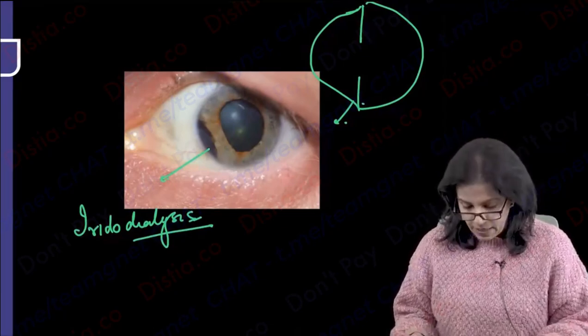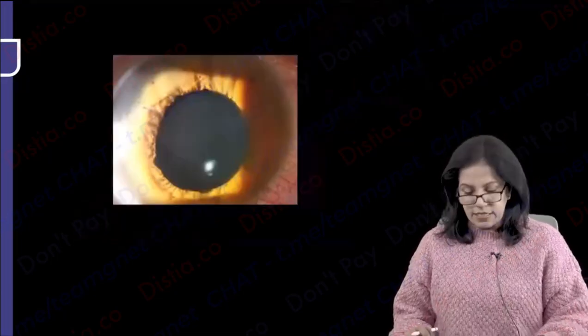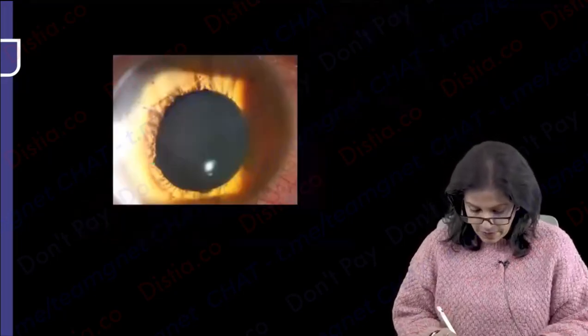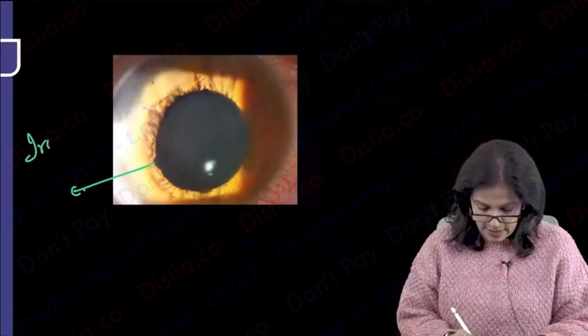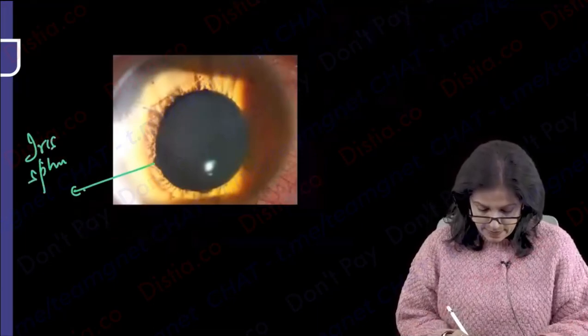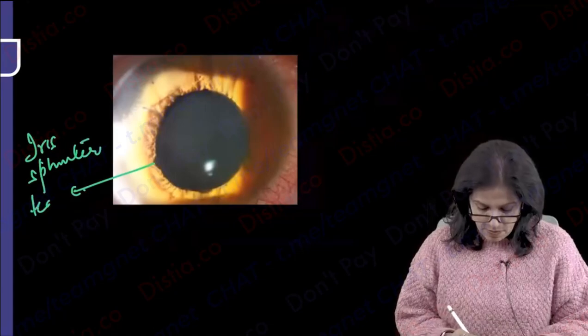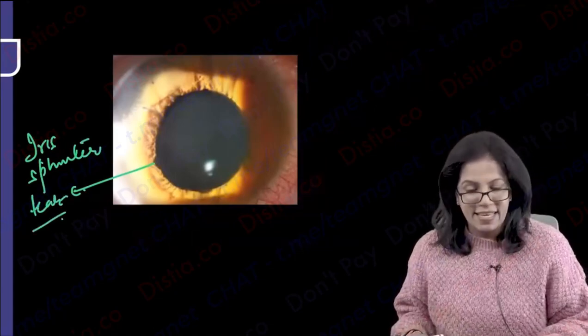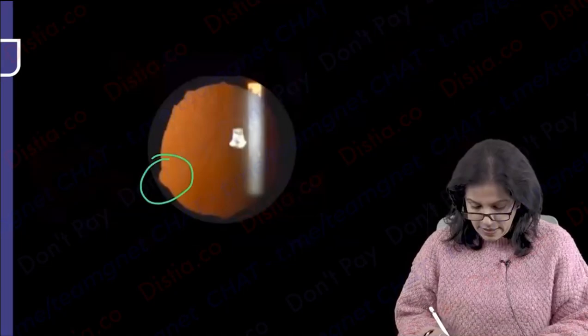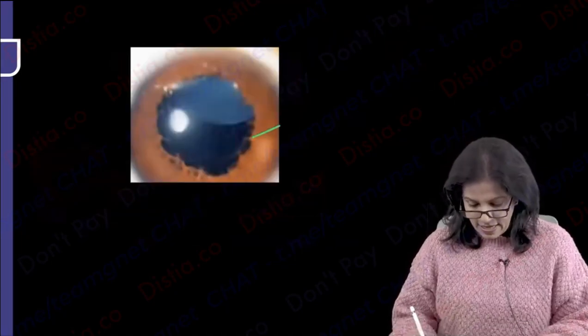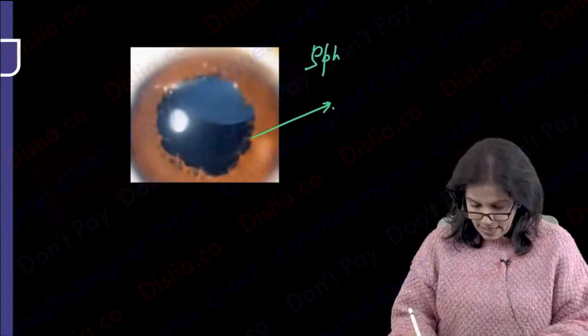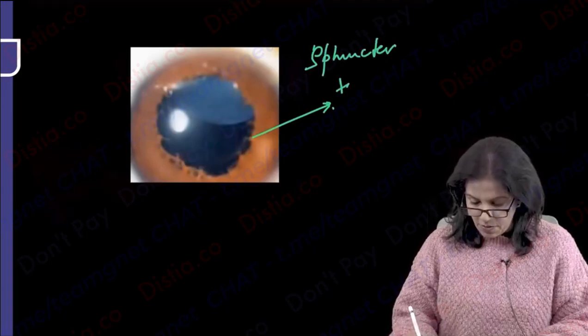Right? Okay. Anything else it can lead to? Yes, it can cause an iris sphincter tear. Okay, on the diagram please. Again, this is showing you the sphincter tears, iris sphincter tear due to blunt trauma.